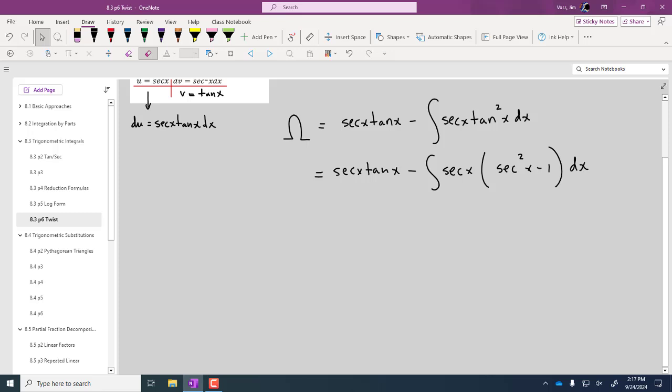And then if we distribute that secant, notice what we get. We're going to have sectan minus the integral of secant cubed minus secant. So we've got that. Oh, that's a secant cubed.